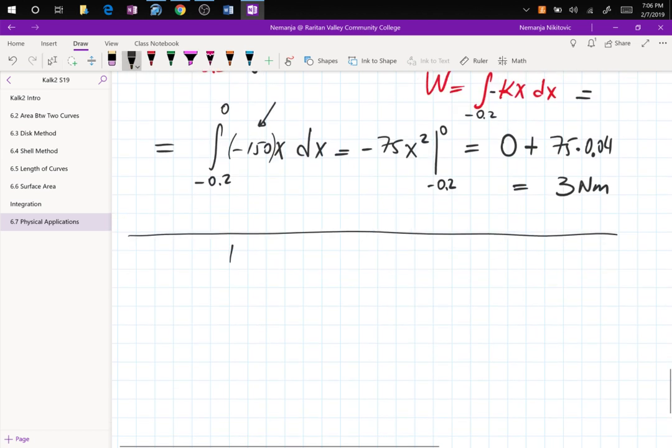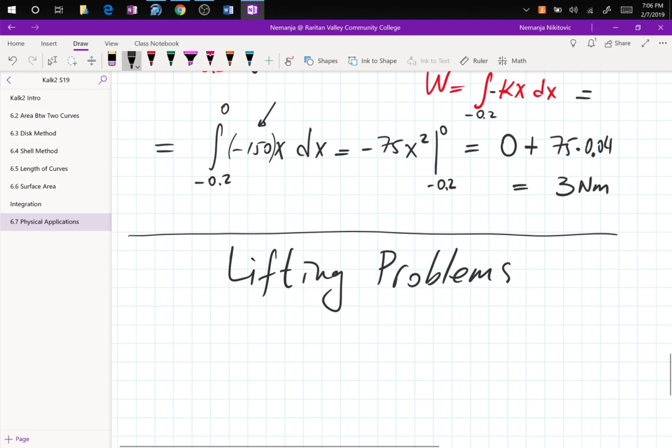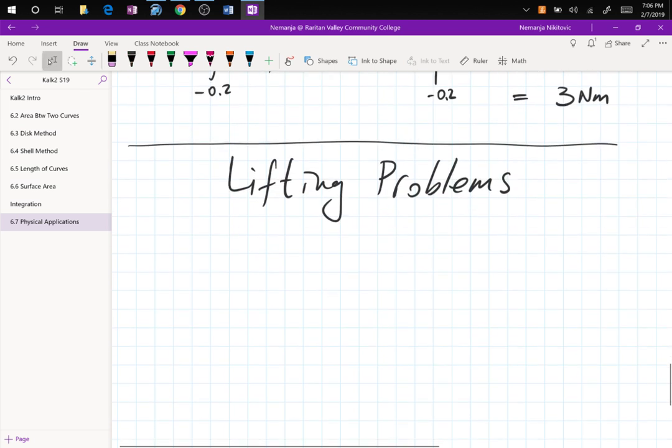So now, lifting problems. So for lifting problems, let's go with simple first. When you have an object, here's a crate, and you just simply lift that crate.